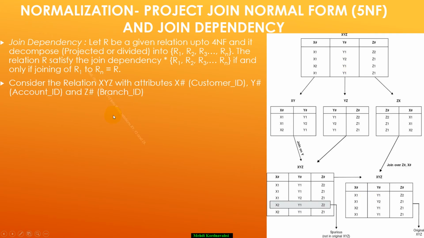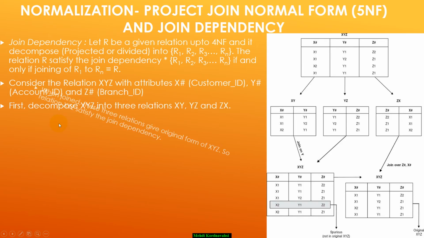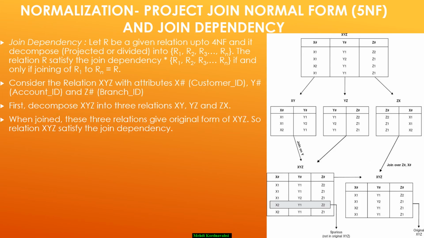So let's repeat the procedure. First, decomposing x, y, z into three relations x, y, y, z, and zx. When joined, these three relations give the original form of x, y, z. So relation x, y, z satisfies the join dependency.